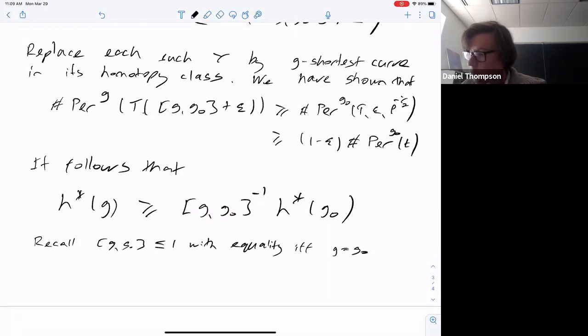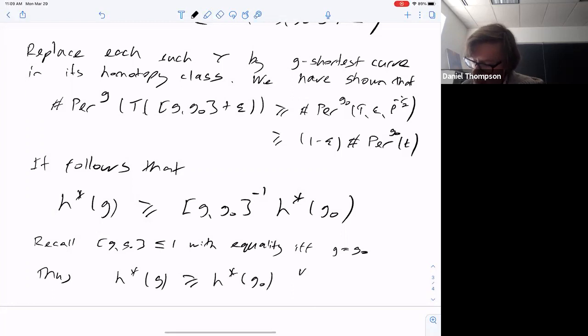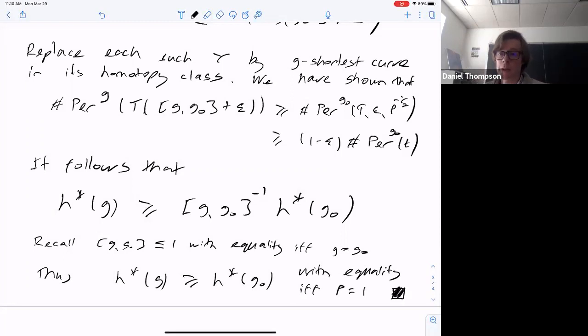Thus H star G is greater than or equal to H star G0, with equality if and only if rho equals 1. Pretty cool, huh?